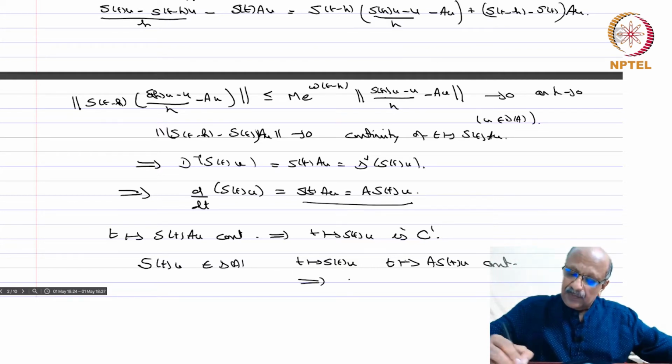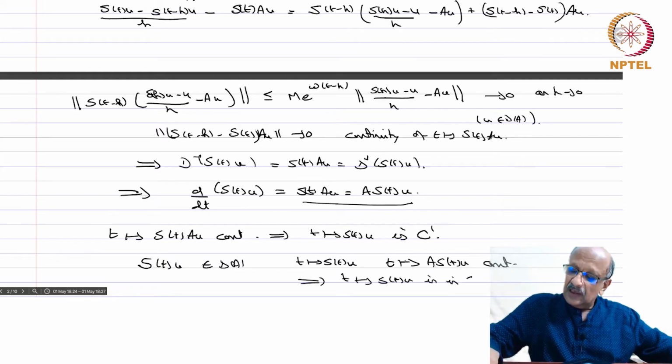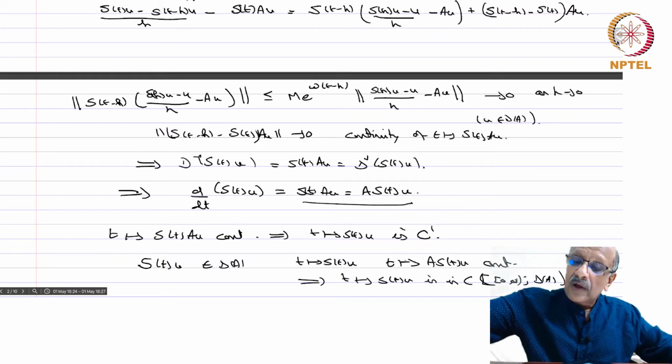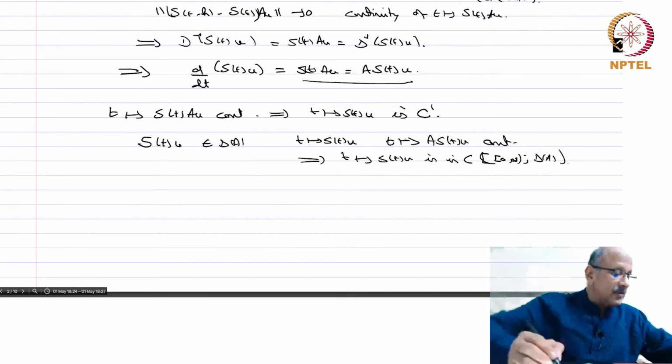That implies t going to S(t)u is in C([0,∞); D(A)), because the graph norm has been that.